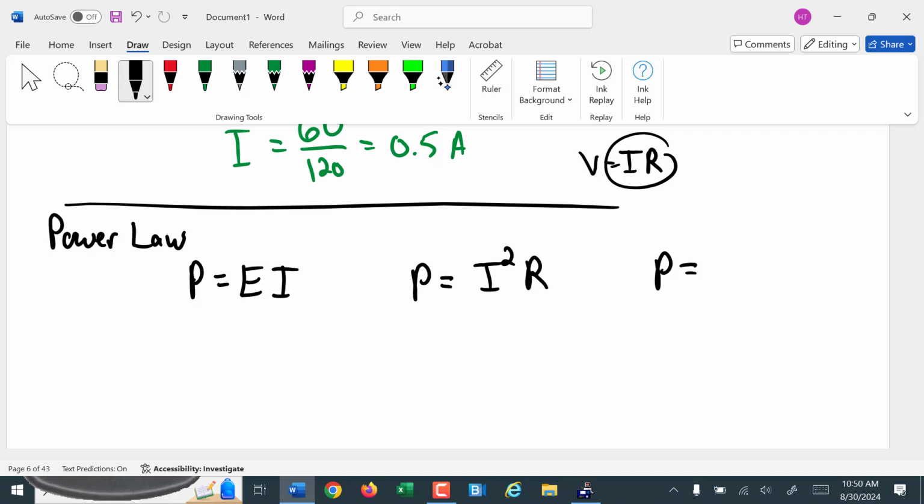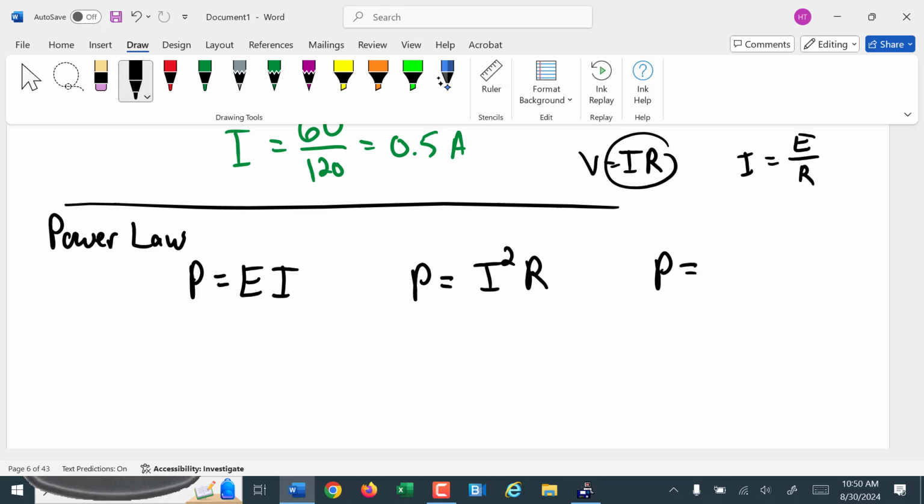If we don't have the current, and this is more common. I don't know if you've talked a little bit about measuring electricity at all. When you measure voltage, you put your meter parallel or across the component. You don't have to interrupt the circuit. You have to measure voltage while the circuit's operating. To measure current, you have to shut off the circuit, disconnect it, and hook the meter into the circuit.